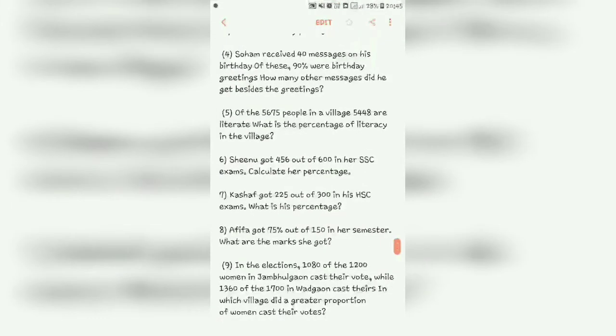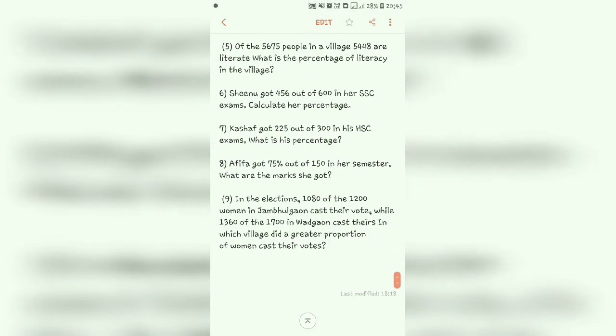Let's move. Questions 6, 7 and 8 are of the same type.